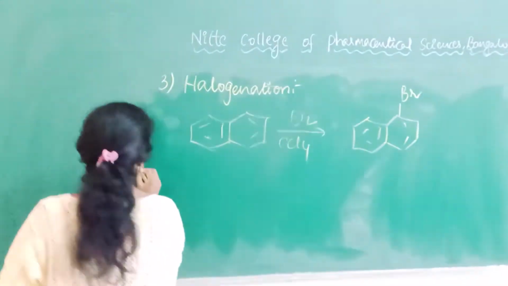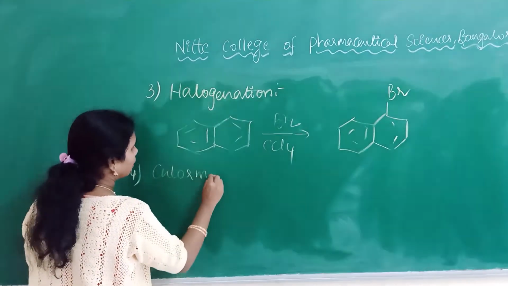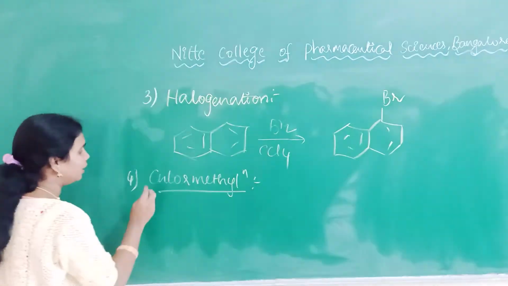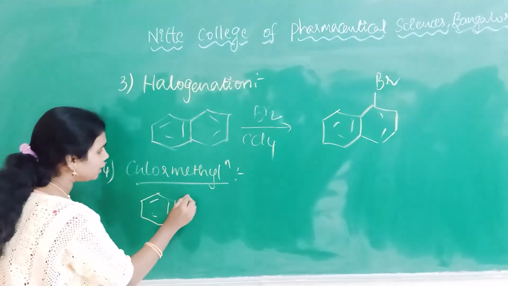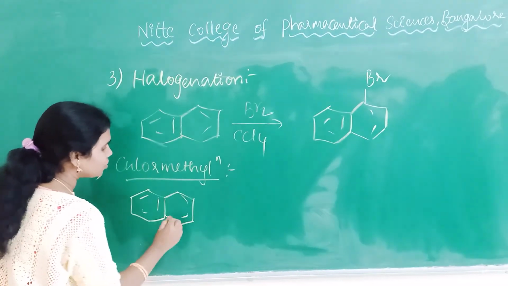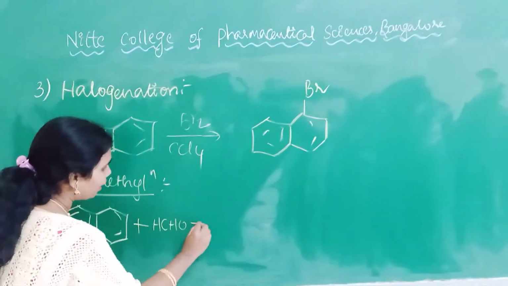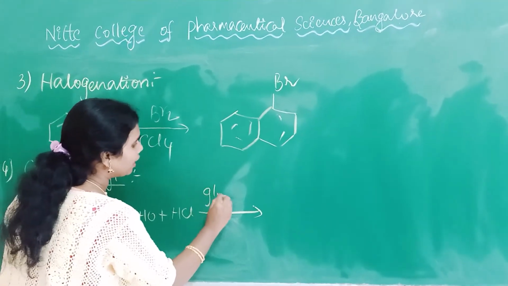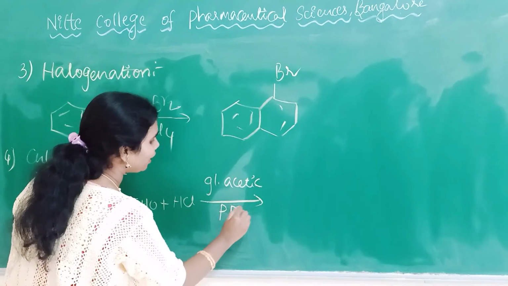And the next reaction is the chloromethylation reaction of naphthalene. Naphthalene undergoes chloromethylation in the presence of paraldehyde and hydrochloric acid, in glacial acetic acid or polyphosphoric acid.